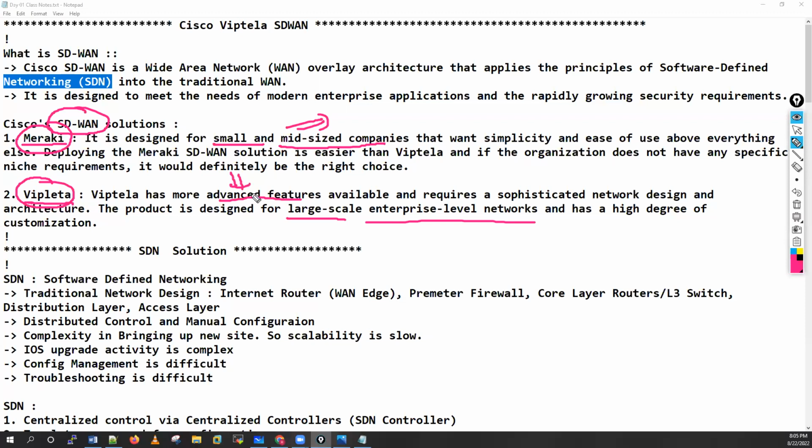Because SD-WAN is an SDN solution, to understand it we have to understand what the SDN solution is. SDN stands for software defined networking. So let me go with one diagram here, so you will get some idea.